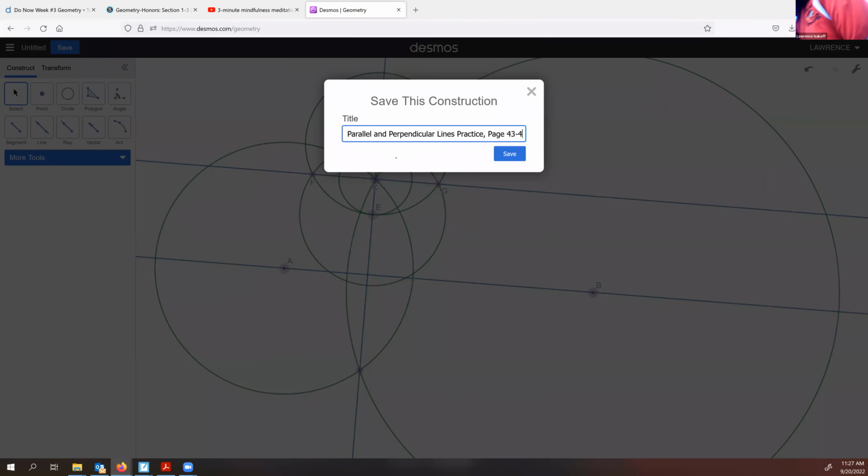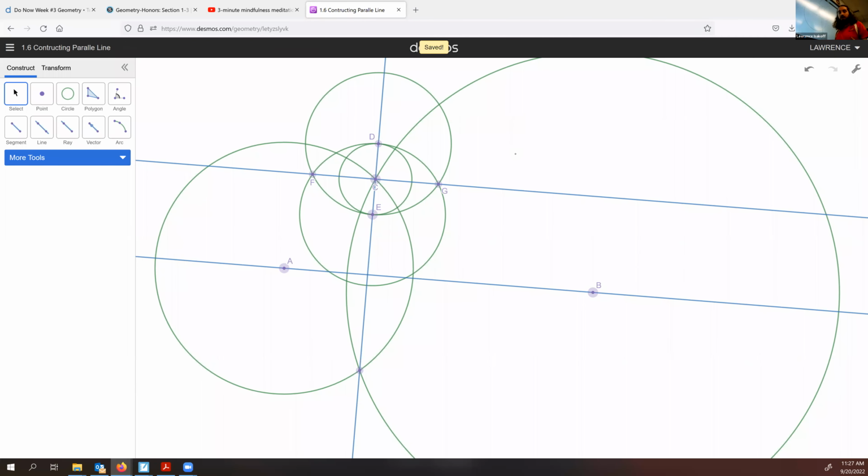And again, the link will be provided to you below the video. So you should be able to see both these constructions. I will make sure that they are appropriately labeled right below the video so you can remember which one is which.